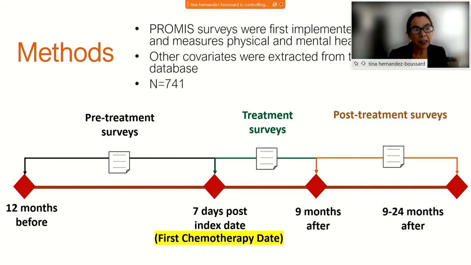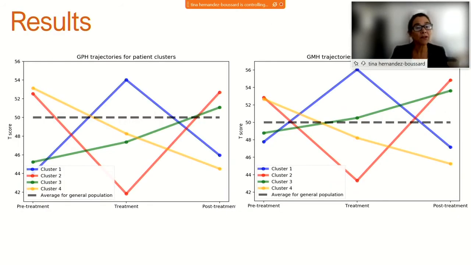These were patients seeking chemotherapy, and so we were able to find surveys looking at pre-treatment, during treatment, and post-treatment, and compare the patient experience. What we found, interestingly, was that overall most patients did not change much between the pre and post-treatment. But during treatment, we saw very different trajectories of the patient-reported outcomes.